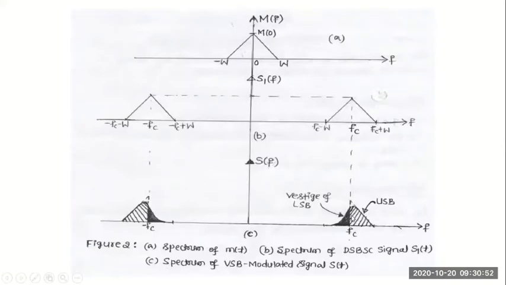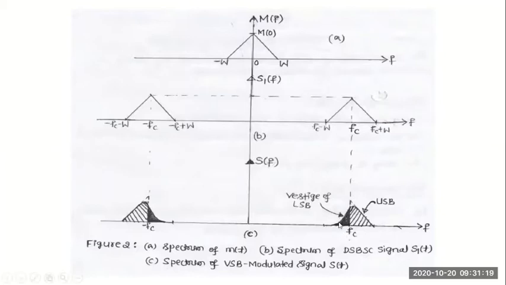We have the USB in full in terms of frequency, but the amplitude of the USB is limited. You see, in terms of amplitude on the y-axis, I'm removing a part of this USB signal, or I'm limiting the amplitude of this USB signal because I want to save on power.